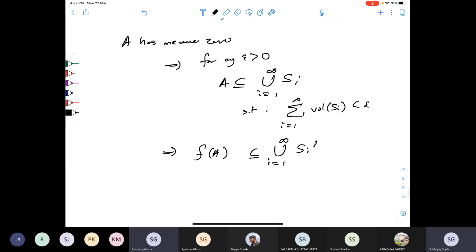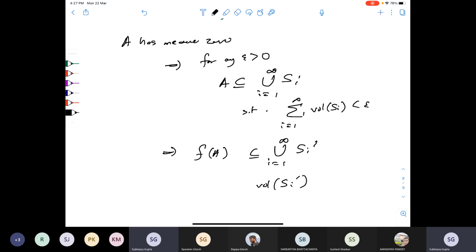So for each of these boxes S_i, you have these S_i prime, and the volume of S_i prime is less than M prime times the volume of S_i.